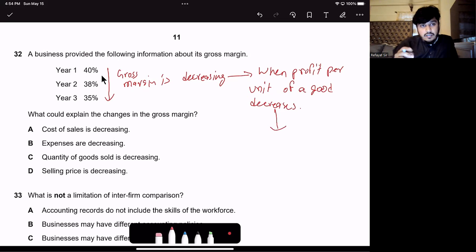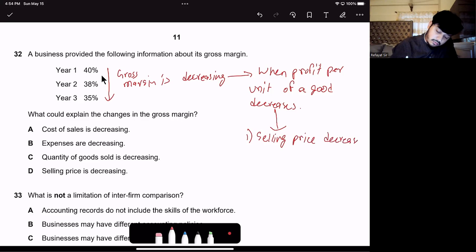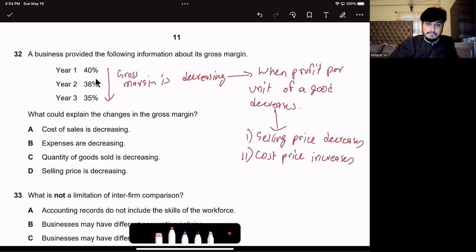Profit per unit of a good decreases when, number 1, the selling price decreases, or number 2, the cost price increases.